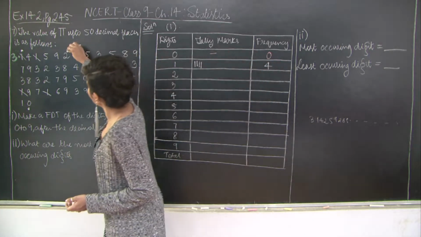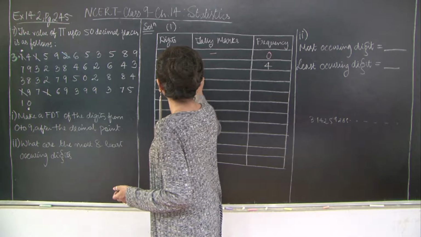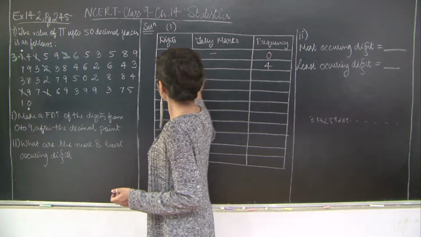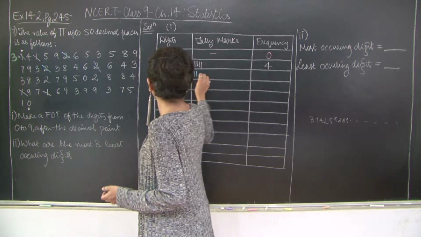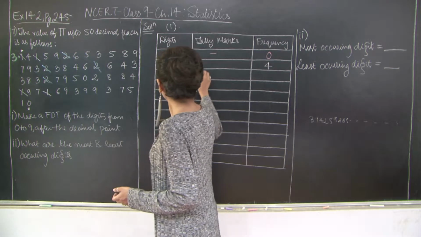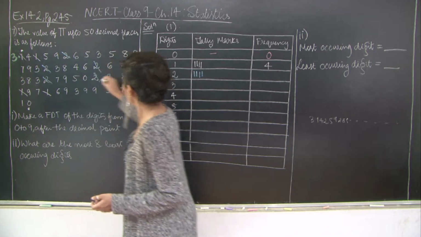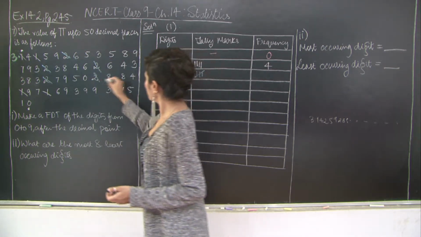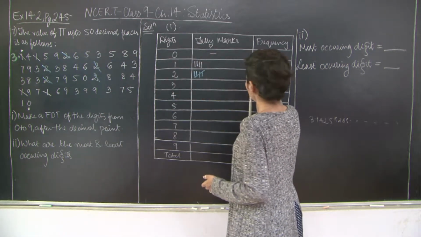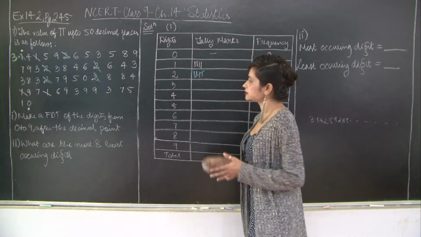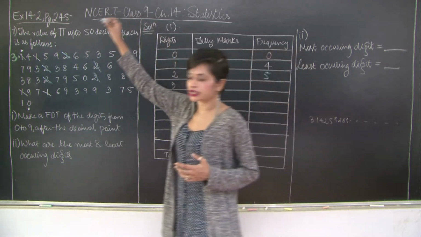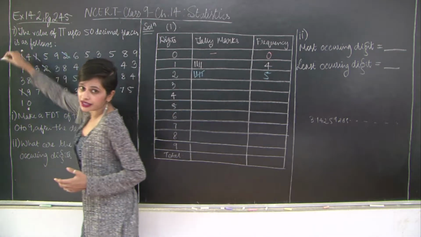1 occurs 4 times. Let's proceed with the other category, which is 2. You have 1, 2, another 1, 3, 4, just 5, and that's it. So 5. Now 3. We have to take a look at the numbers only after the decimal. So we are not going to take into account this number before the decimal, which is 3.